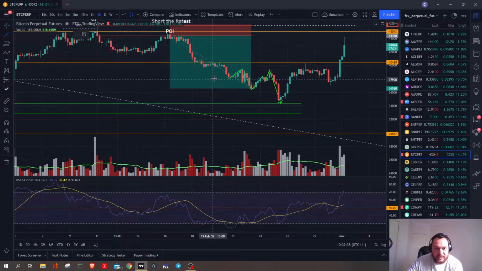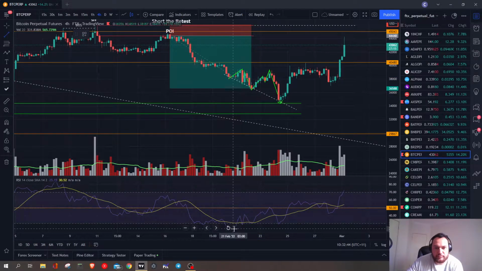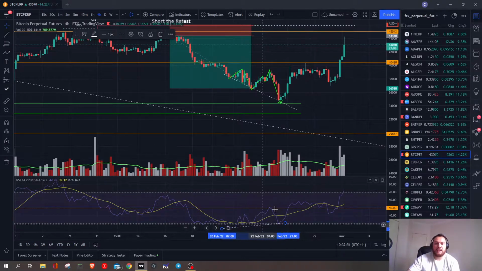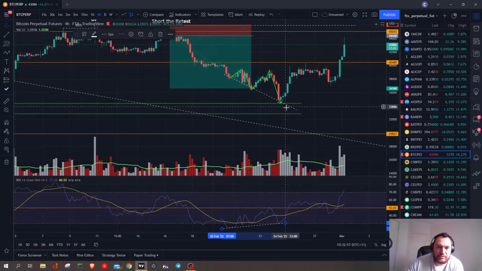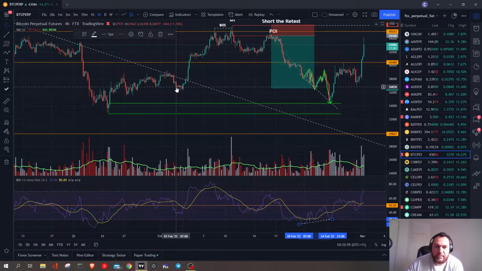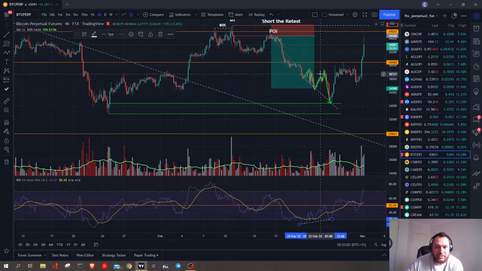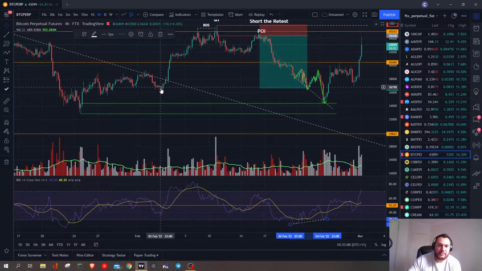Okay, so we start to get our divergence here. So that's our divergence on the RSI. So bullish divergence here, it's oversold. We have a key level of demand here, and we have these levels of demand also being respected because there are impulses, meaning that there are buyers in the market at these levels.